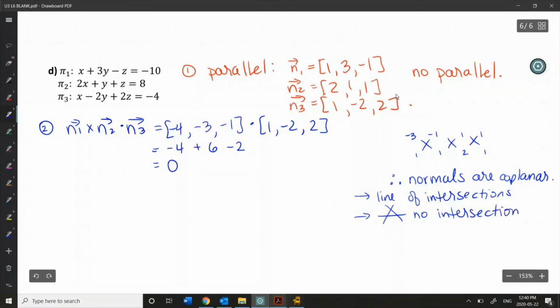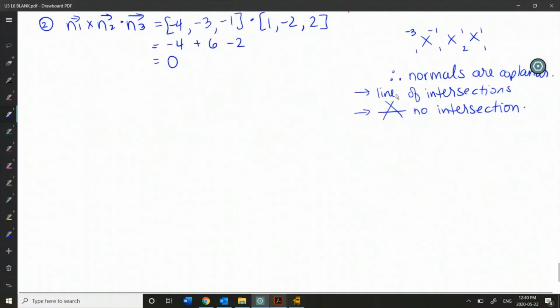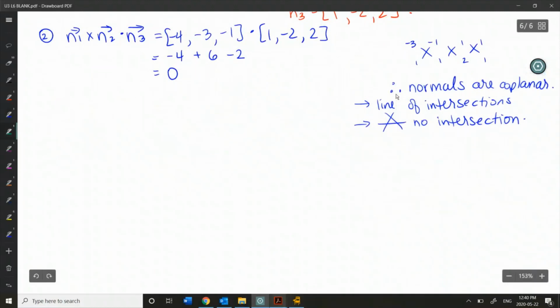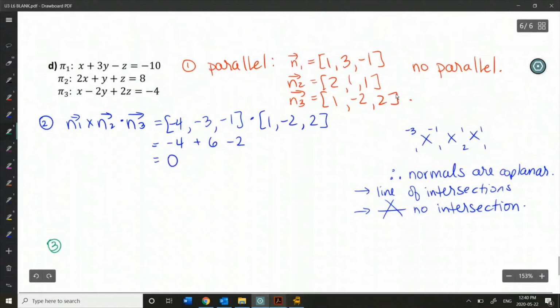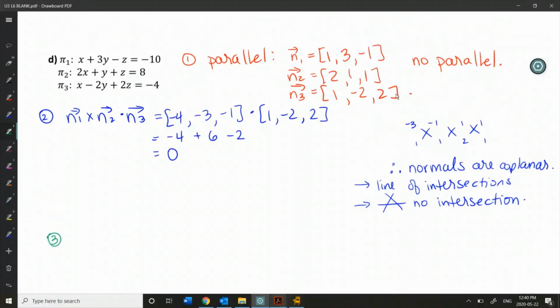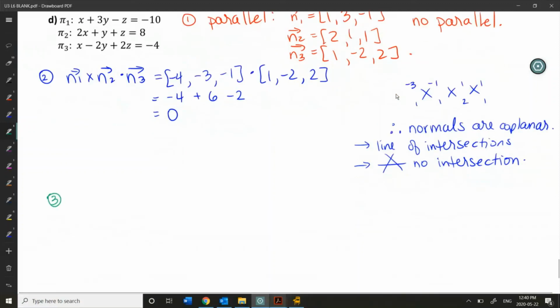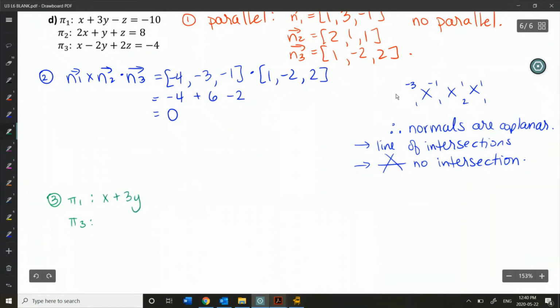And what we're going to do is go through the solving process just to double check here. So you're going to choose two sets of planes to eliminate a common variable. If I'm looking here, I think that either the x's or the z's would be easy to eliminate. So I'm going to start with, let's say, plane 1 and plane 3 to eliminate x's.